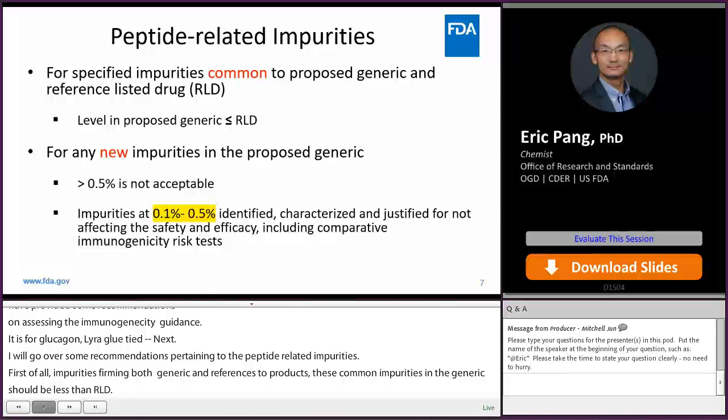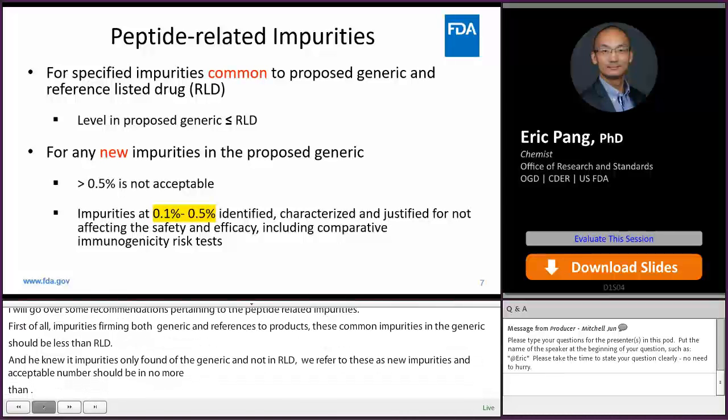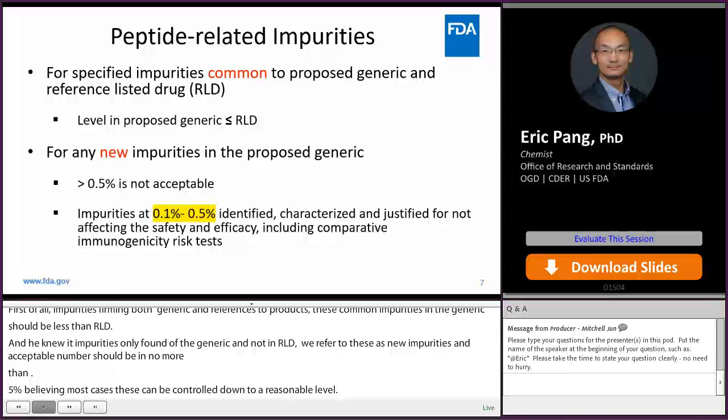The reason is that we believe in most cases, these synthetic-related impurities can be controlled down to a reasonable level. Because we want to limit the potential risk of immunogenicity from these impurities coming from the synthetic process, we recommend that ANDA applicants submit a highly purified peptide product, as outlined in the guidance.